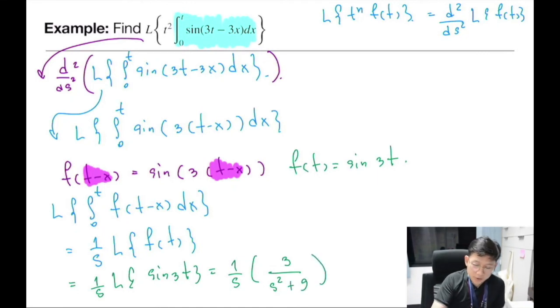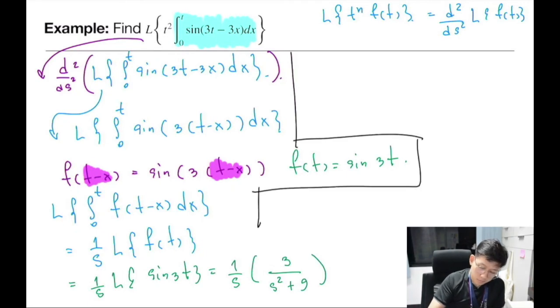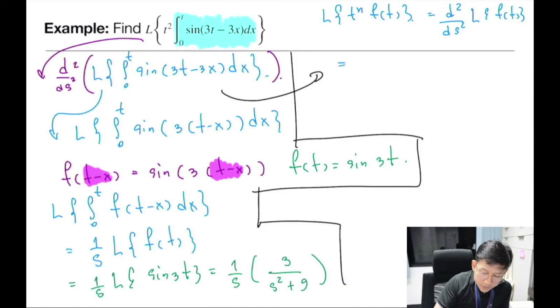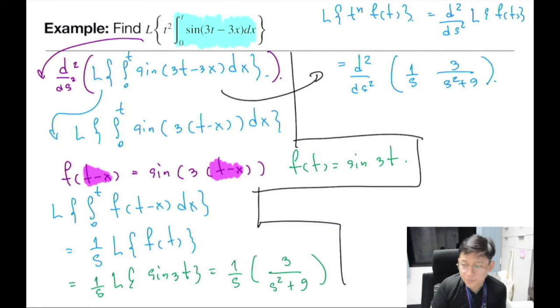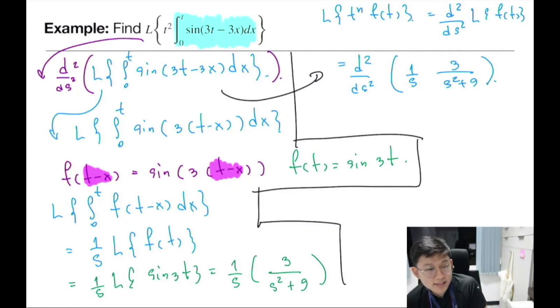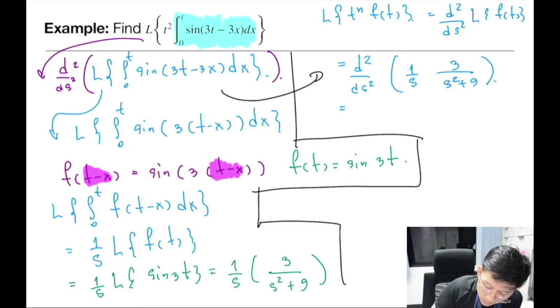So this guy is going to be the second derivative with respect to s of 1 over s times 3 divided by s squared plus 9. Then we need to find that derivative. Let me rearrange the term a bit.